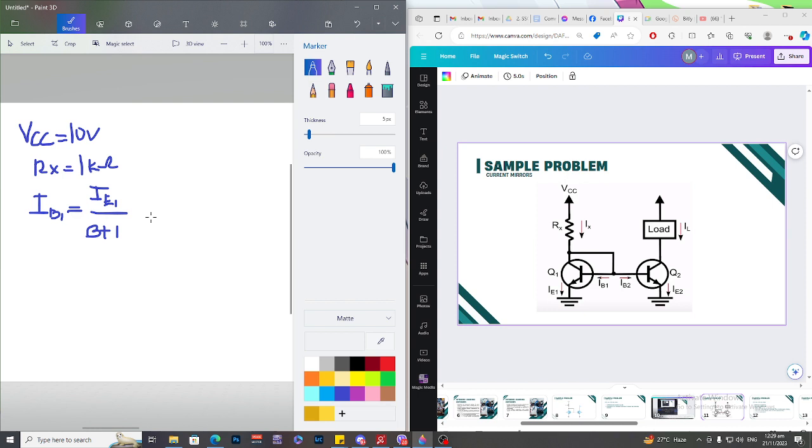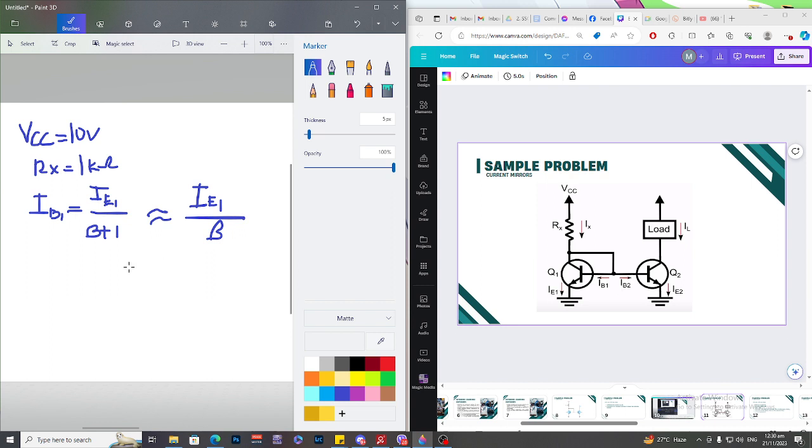So this will be our formula. And this is approximately the same as IE1 all over beta, since plus 1 is only the addition. So, nadagdagan lang siya ng isa. So, ayan. Ito yung formula natin for the IB1.